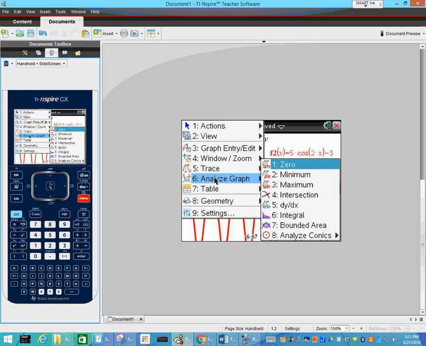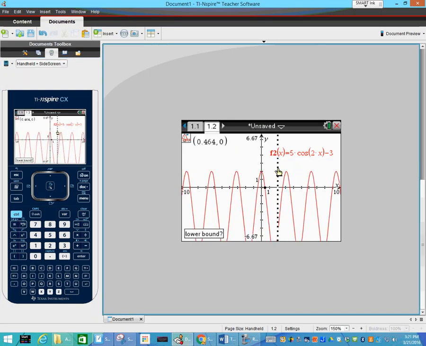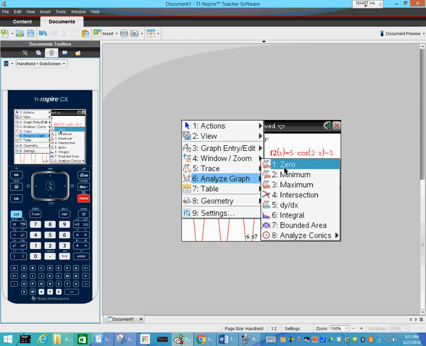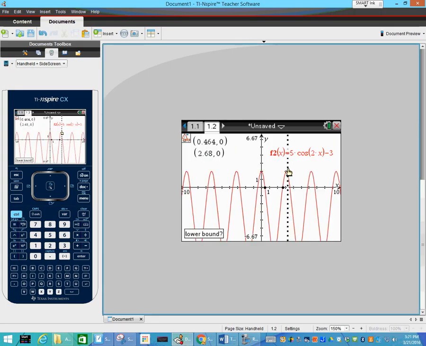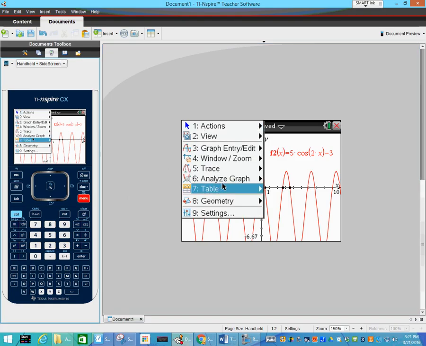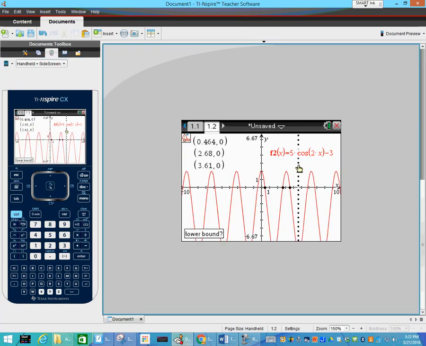Menu, Analyze, 0, the next zero I have is 2.68. Notice again that I'm only doing one zero at a time, y'all. Menu, Analyze, 0. This last one is at 5.82.